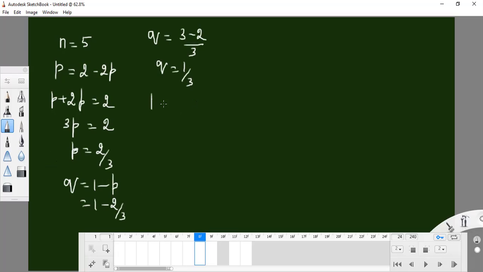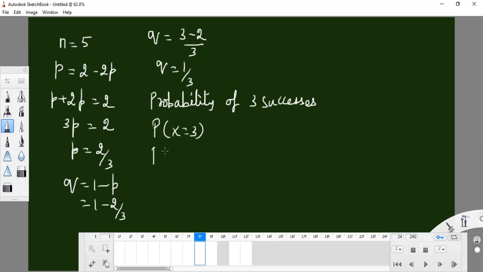Probability of 3 successes: P(x = 3). What is the binomial distribution formula?